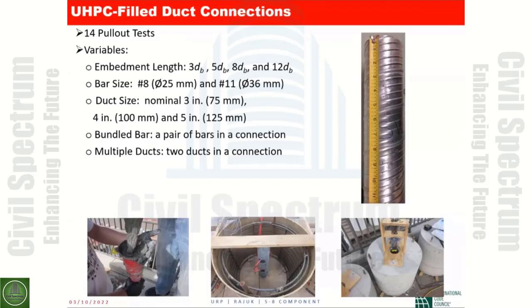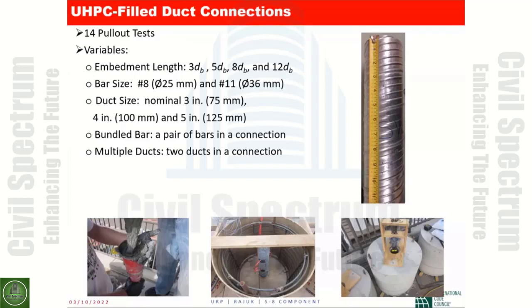Also, in a few specimens, we bundled the bars. In some cases, we need to do that in bridge columns. So the question is, if you have bundled bars and you're inserting them in a duct, how's that going to work? Also, we put two ducts in a connection adjacent to each other, to see how that works.